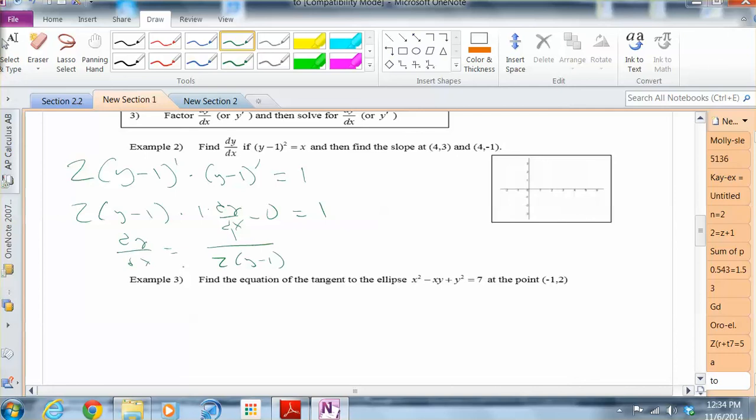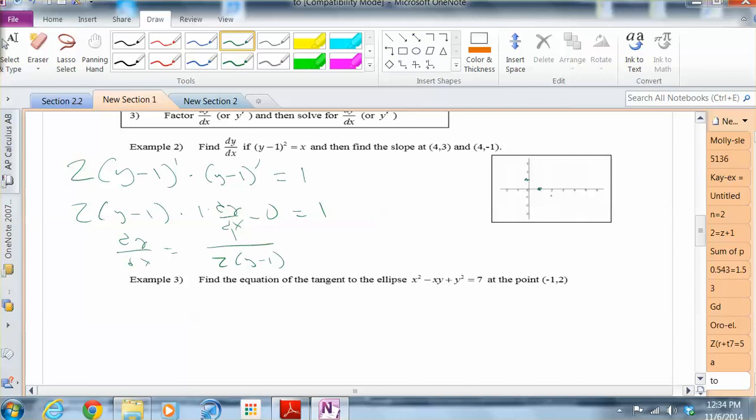Now if you were to graph this function, x equals (y minus 1) squared, not sure if you recognize this, but it's actually going to be a sideways parabola. For example, when y is 0, x is 1, and when y is 1, x is 0. I think I have this right.